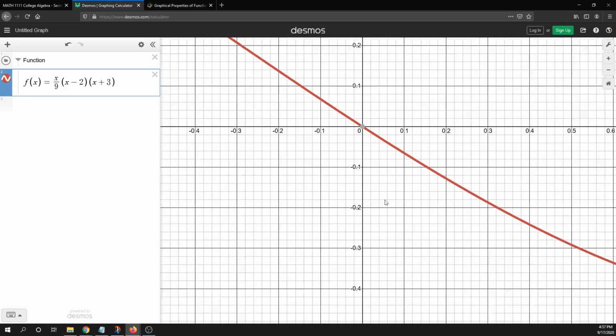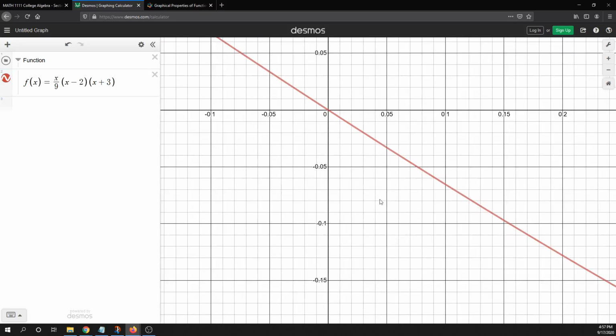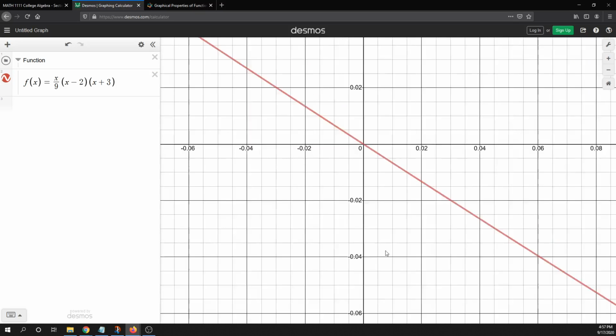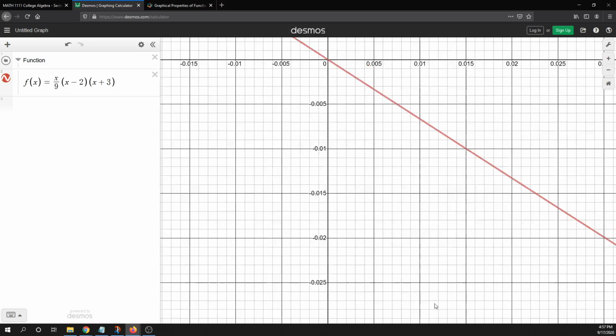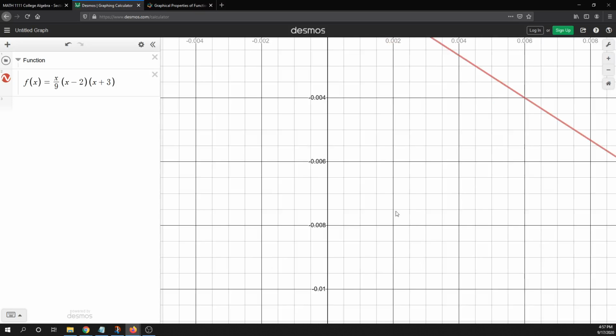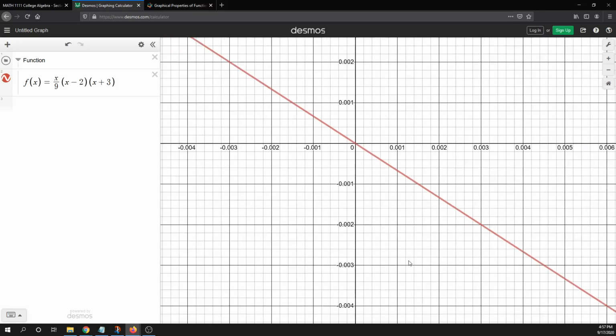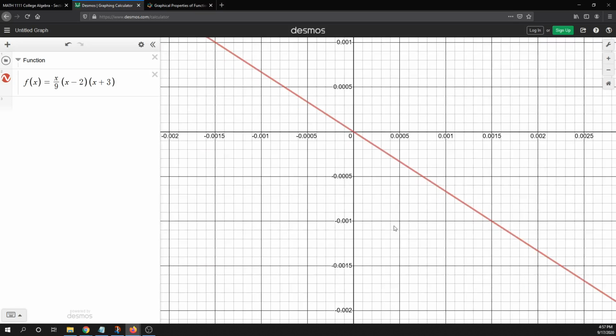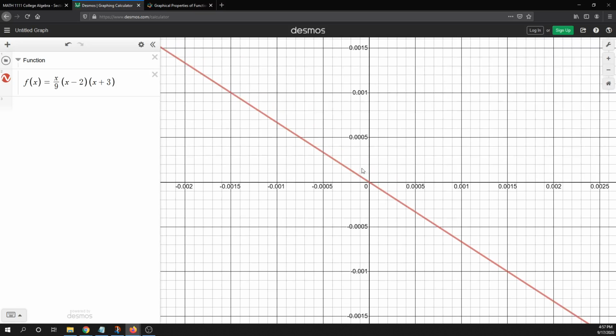Now you may say, maybe I'm not zoomed in enough. I'm going to zoom in really, really close. But no matter how much you zoom in here, if that point's in the middle, not on the edge of the screen, there's always going to be some points that are a little bit higher than that, and some points that are a little bit lower than that. So this point is neither a local maximum nor a local minimum.